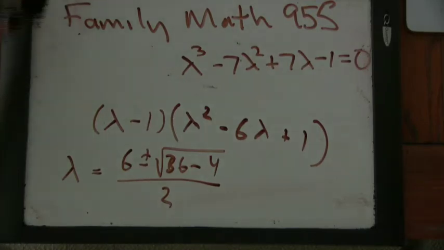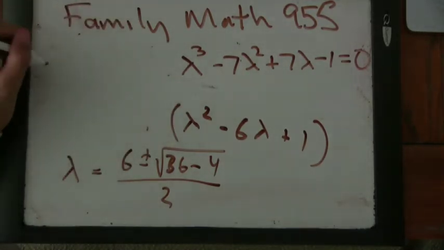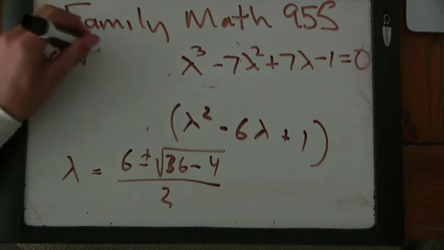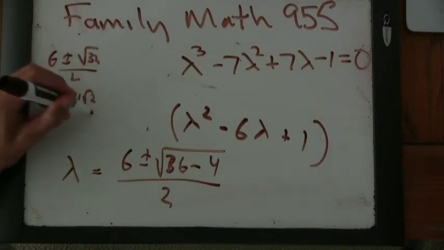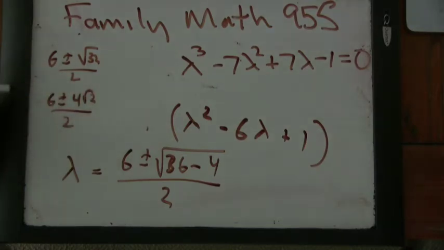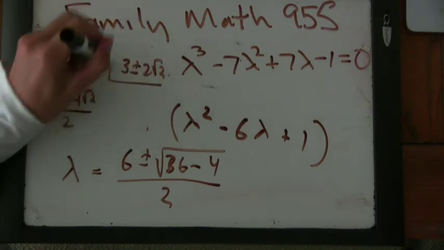So that's 6 plus or minus root 32 over 2. 6 plus or minus 4 root 2 over 2. So 3 plus or minus 2 root 2.